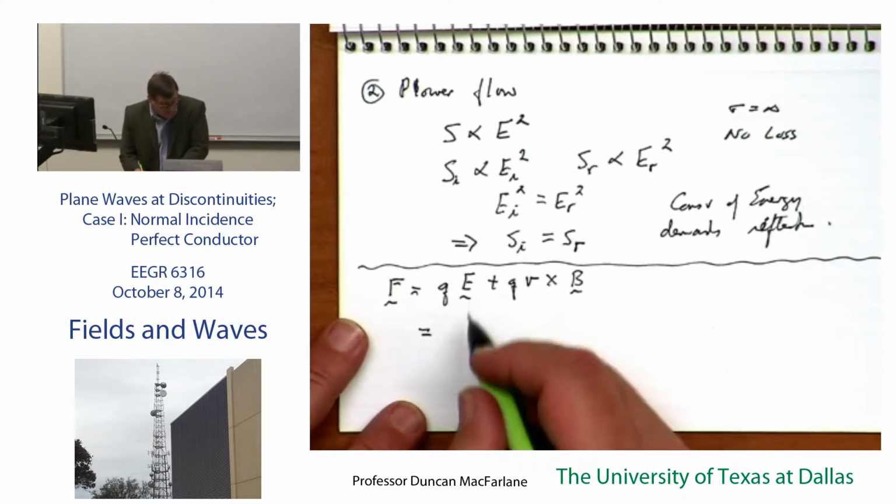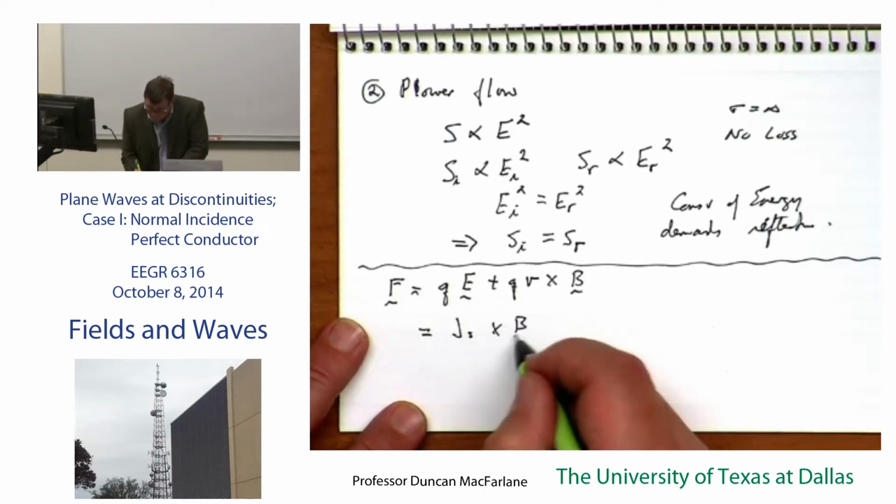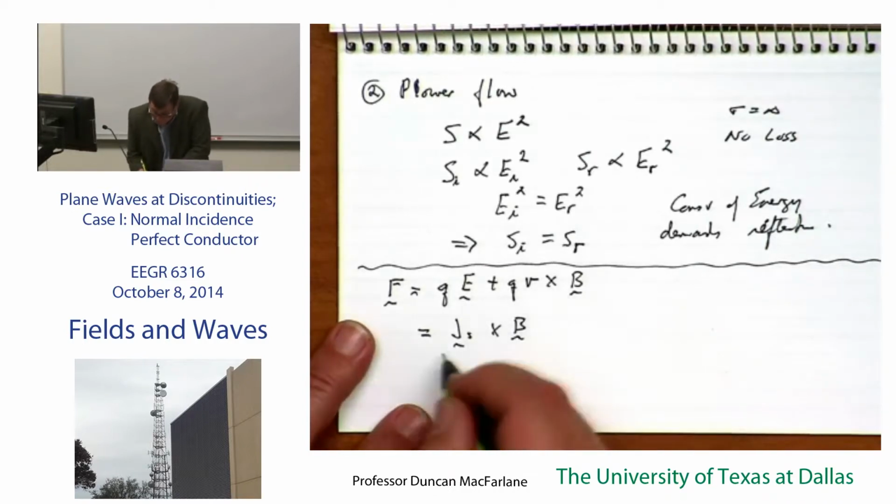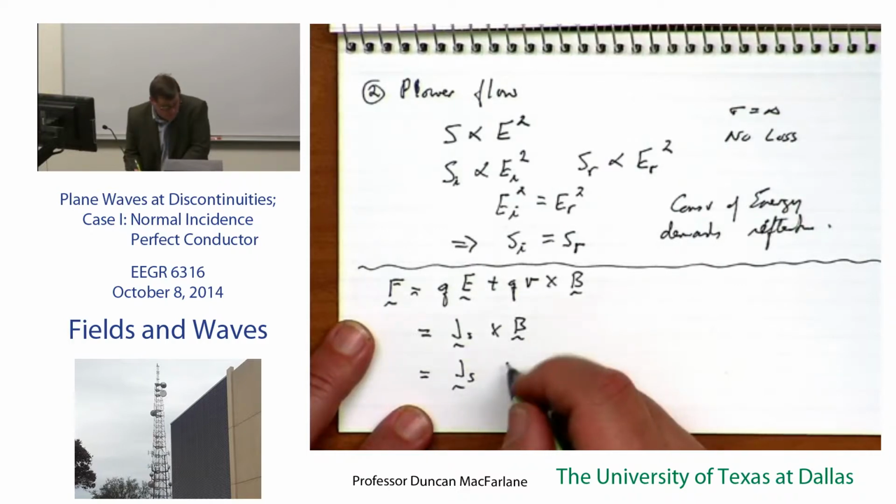The magnetic field, however, sees a surface current, or drives a surface current, depending on how you want to look at that. And that surface current points in the x direction.